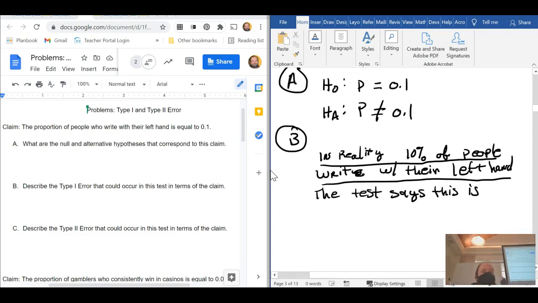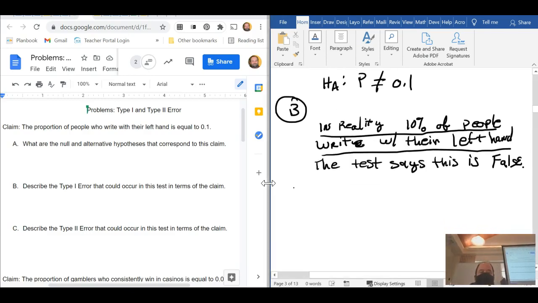Fair enough? So in reality, 10% of people write with their left hand, but the test says this is false. That's the type 1 error. The reality is 10% of the people are left-handed, and the test tells me otherwise.